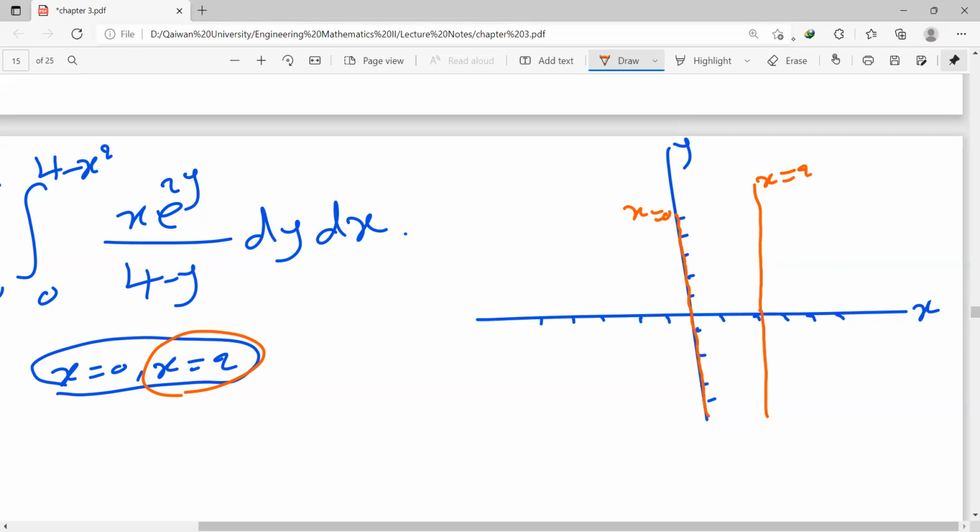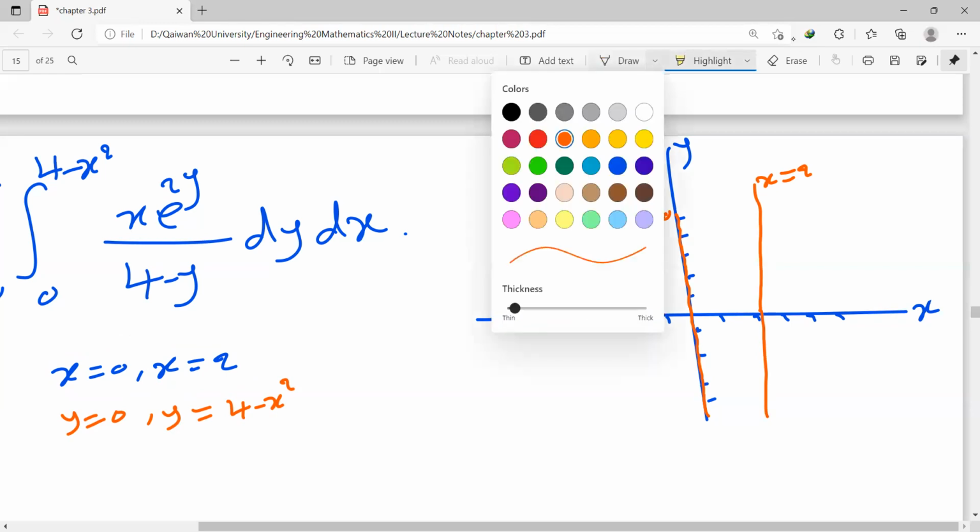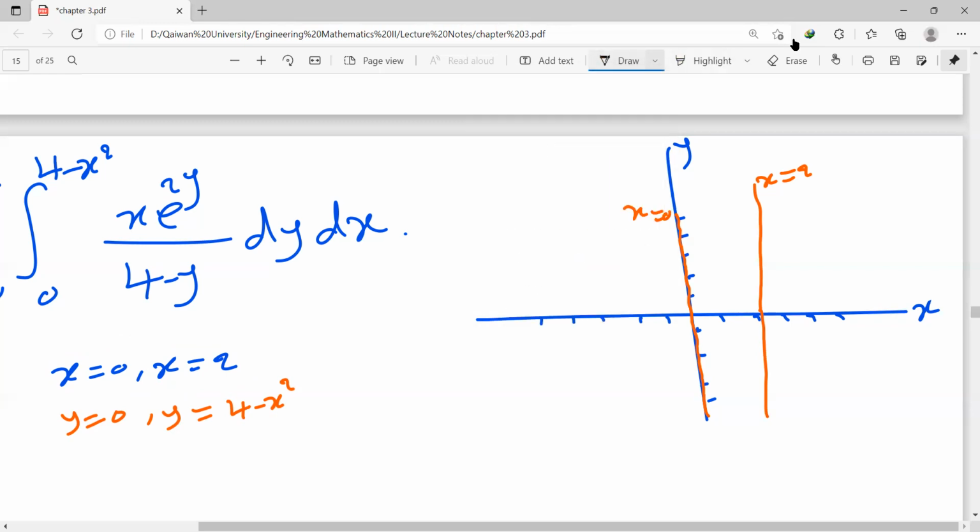And now we have the functions y equals 0 and also y equals 4 minus x squared. y equals 0 is the horizontal axis. Let me use another color for that. y equals 0 is this one, the horizontal axis, and y equals 4 minus x squared.